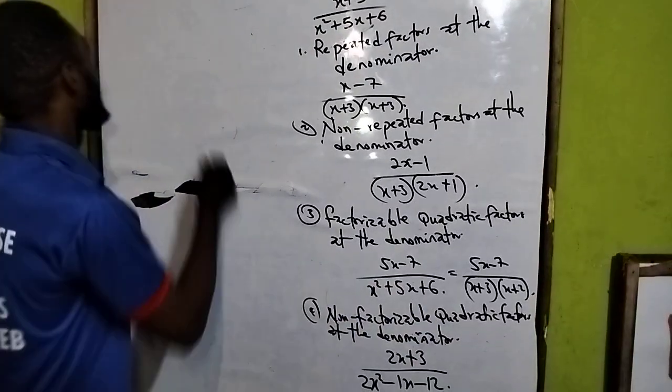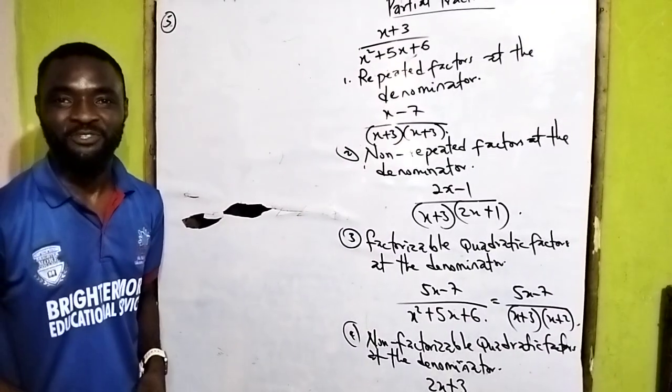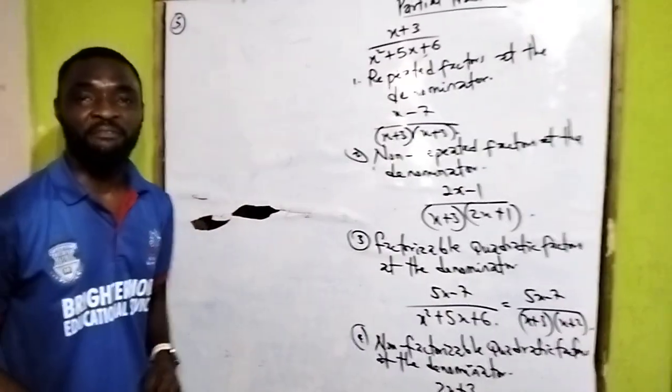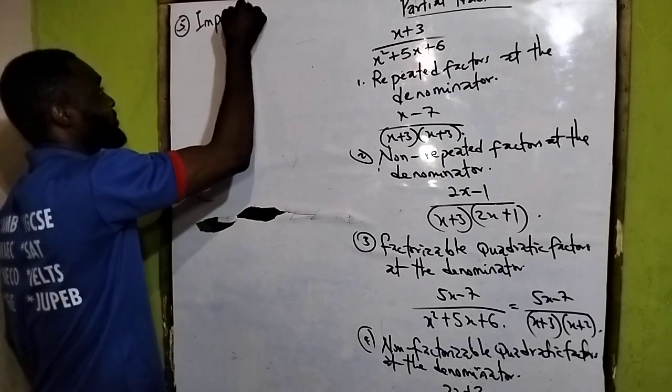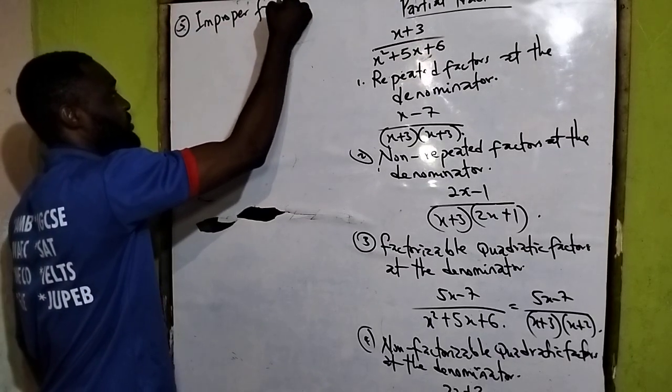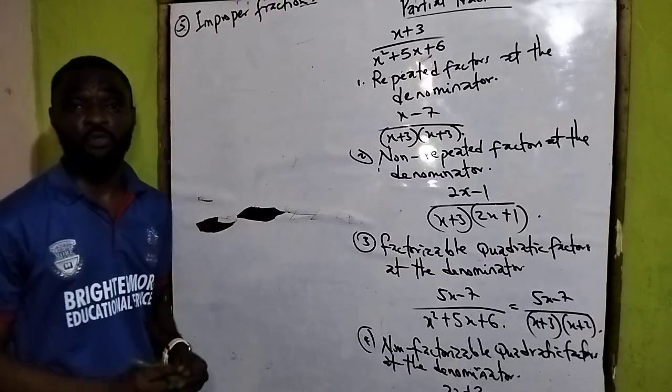The last one, improper fractions. What do we mean by improper fractions?